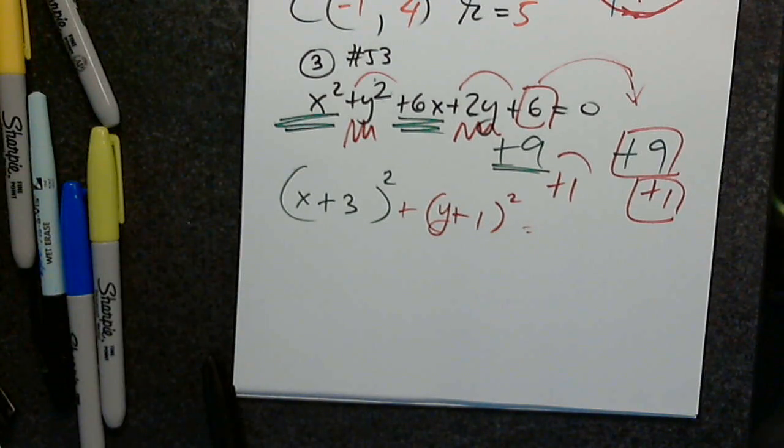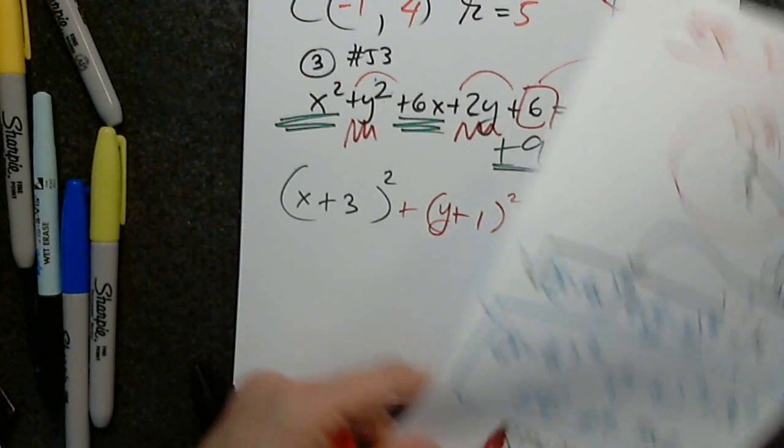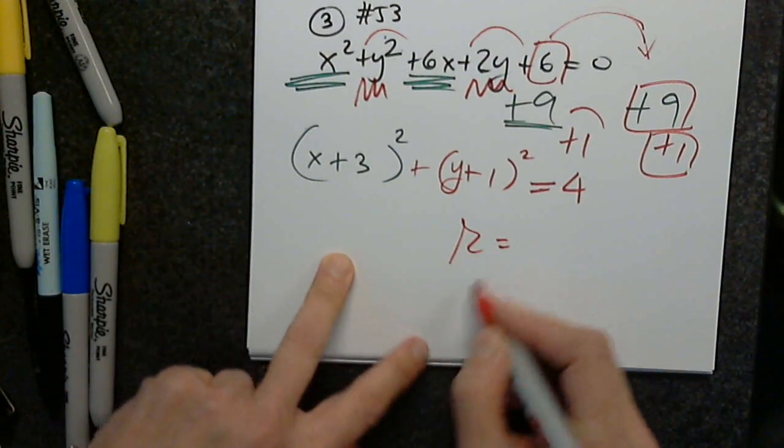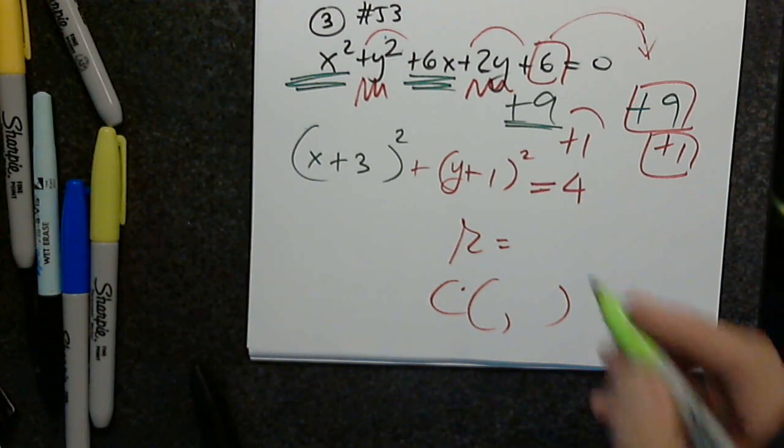So what is left on the right-hand side? Indeed. Now I'm asking myself, does this resemble this? Yes, so it's definitely a circle. Now let's identify the radius and the center. Cool. Of course, the radius is 2.